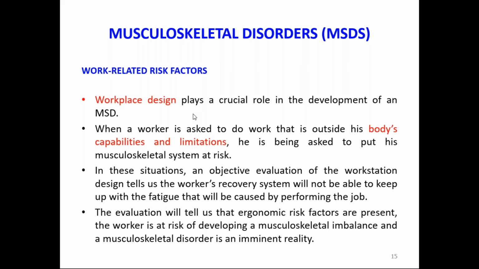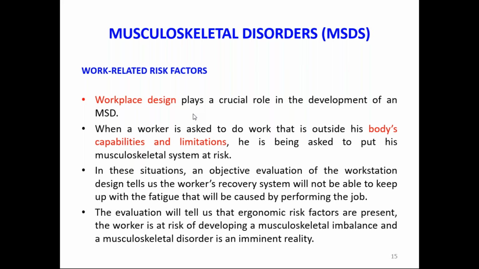We have to take care of these workplace designs, because sometimes you use a laptop or desktop for 8 hours on a continuous basis, and if your body weight or height is more, or very less, or if the distance between your eyes and the desktop or laptop is very less, or the brightness is more, then all these factors may affect your body.